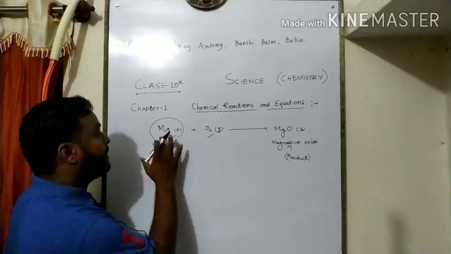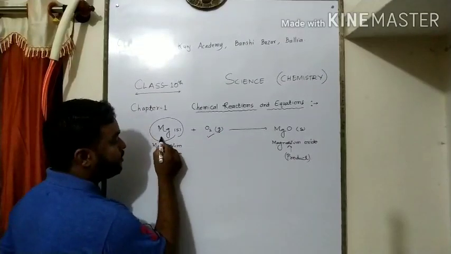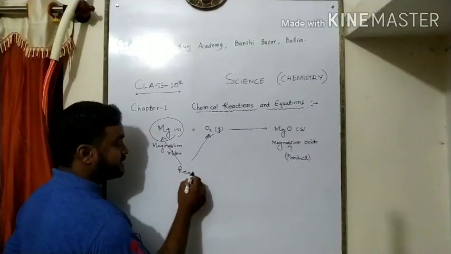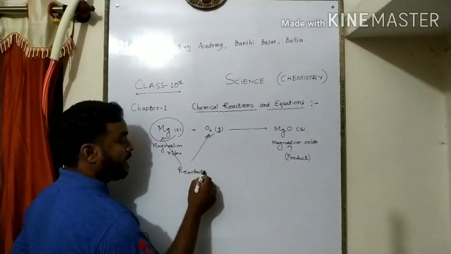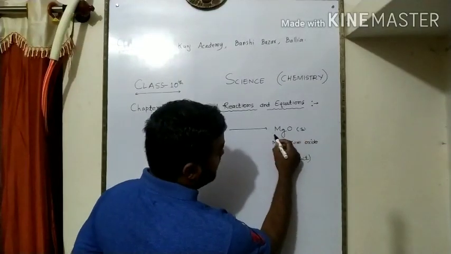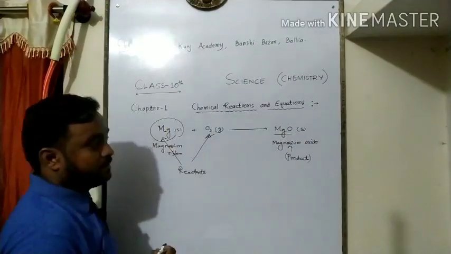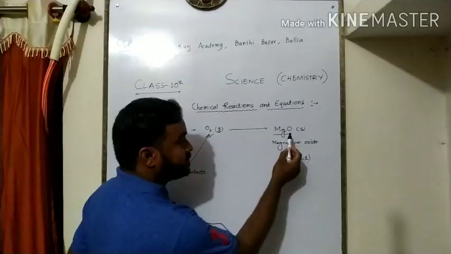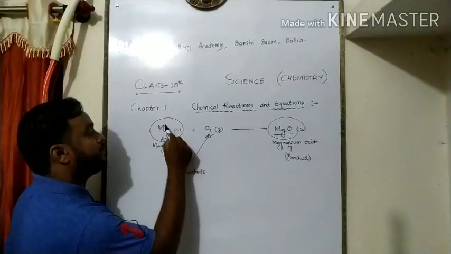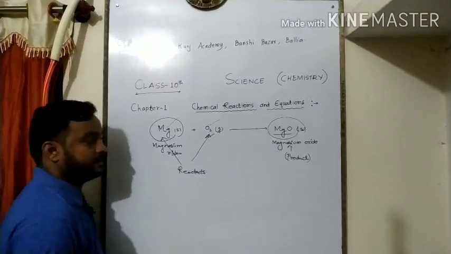So magnesium and oxygen here both represent reactants. And what is the product in this reaction? This is magnesium oxide. So the properties of magnesium oxide will be different from the properties of magnesium and oxygen.